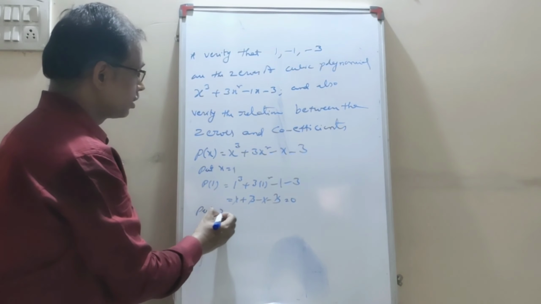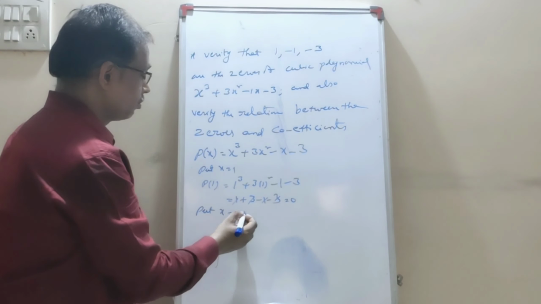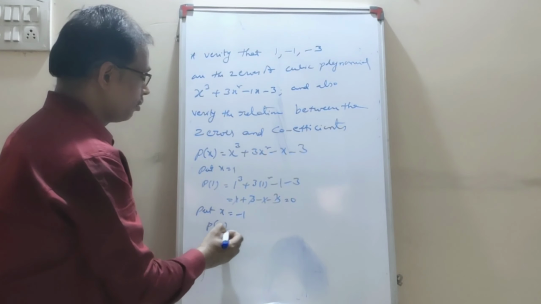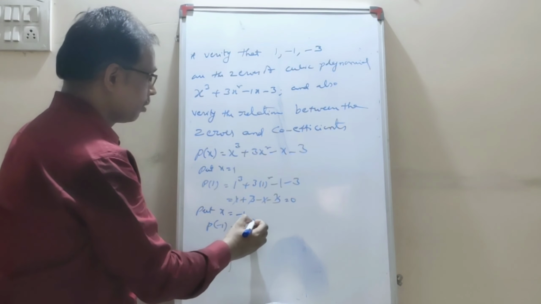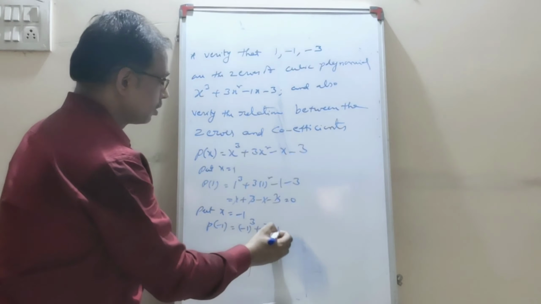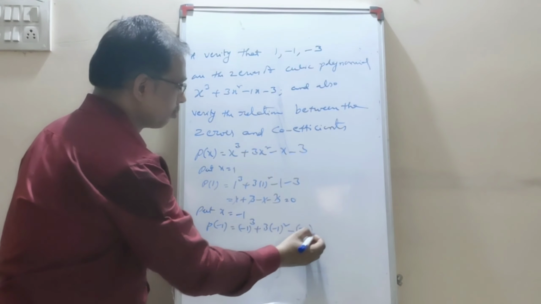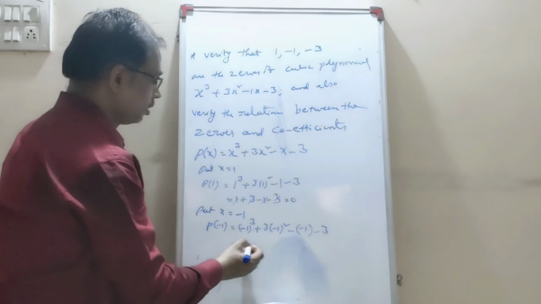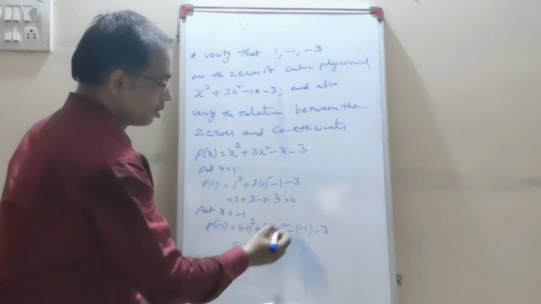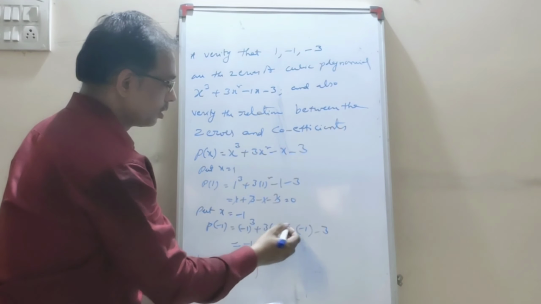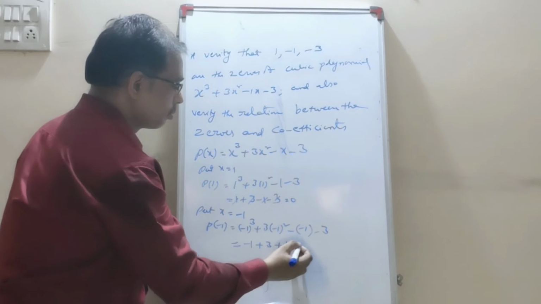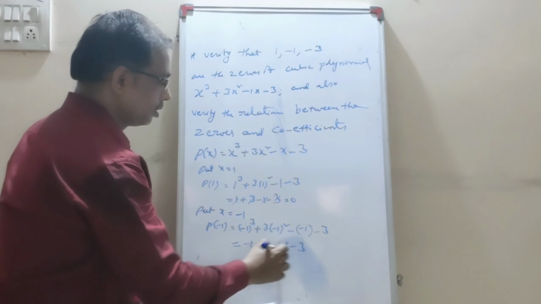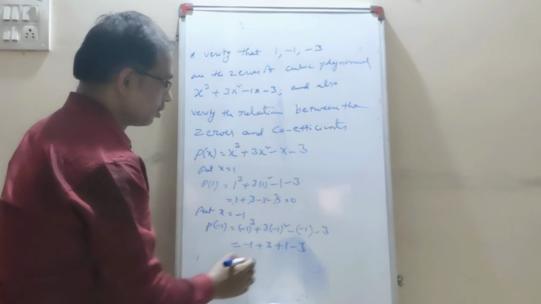Next, put x is equal to minus 1. Then p of minus 1 equals minus 1 cube plus 3 into minus 1 square minus of minus 1 minus 3. That is minus 1 plus 3 plus 1 minus 3, which cancels to 0.